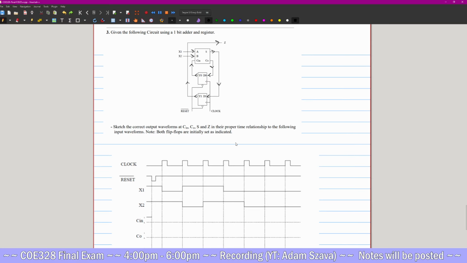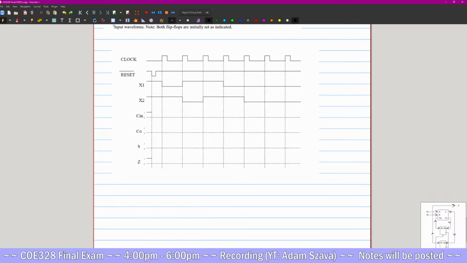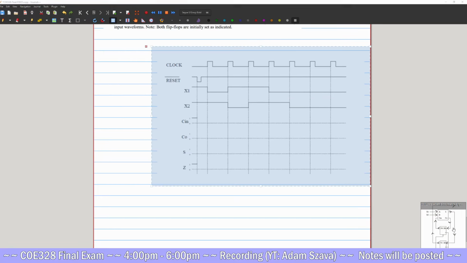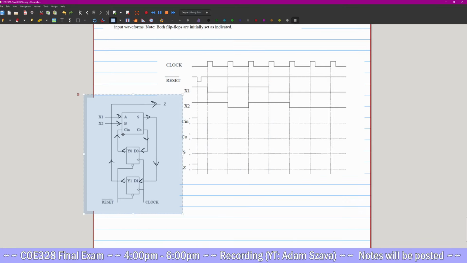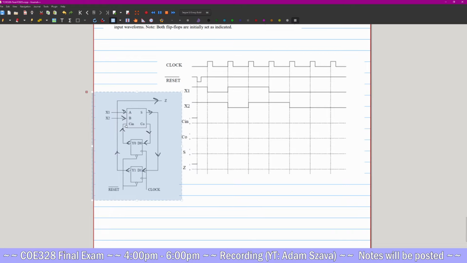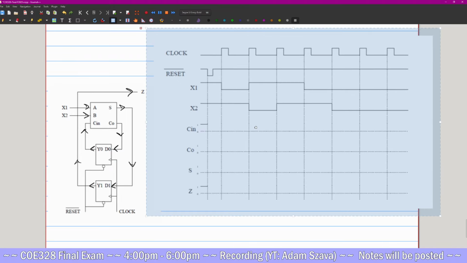Okay, I'm going to be doing a lot of scrolling up and down, so instead I'll take a screenshot of this and put it here, bring it right up to the edge. It's getting a little messy, but hopefully everybody's okay with this.